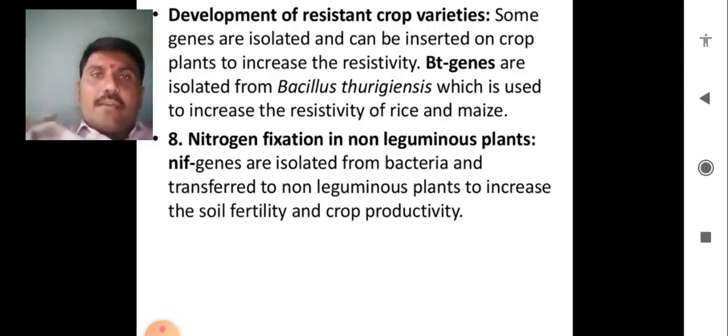As soil fertility increases, the plants get all types of nutrients from the soil, such as macronutrients: nitrogen, potassium, phosphorus, calcium, magnesium, and so on.